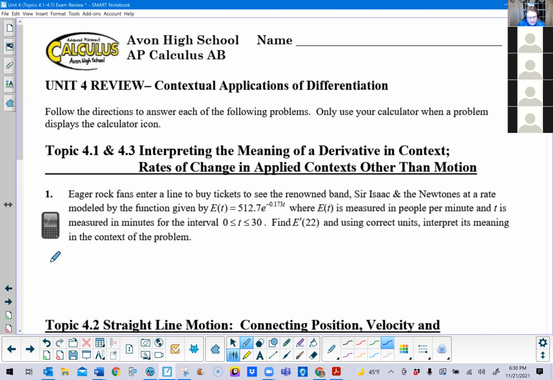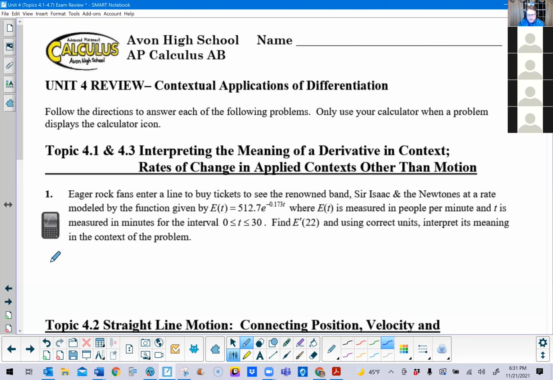Eager rock fans enter a line to buy tickets to see the renowned rock band Sir Isaac and the Newtones at a rate modeled by the function given by E of t, which is 512.7 e to the negative 0.17t power. What a crazy looking function that is.